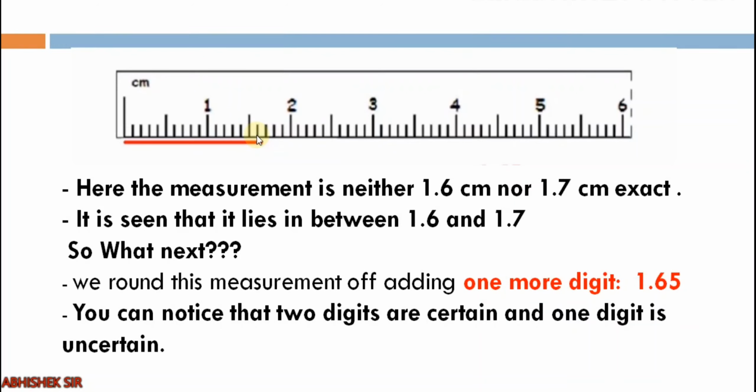Now this red line is almost in between 1.6 and 1.7. So the measurement is neither exactly 1.6 nor 1.7. It is somewhat more than 1.6 but somewhat less than 1.7. This scale can measure only up to either 1.6 or 1.7.